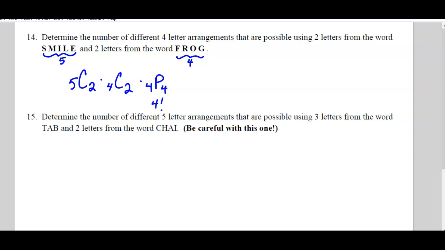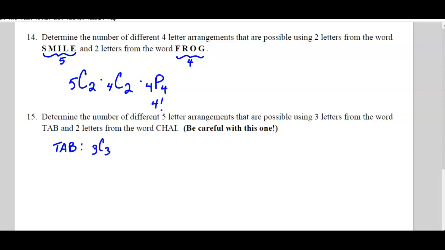So if I have 3 letters from the word tab, you're going to have all 3 letters there. If I choose 2 from here, I'm going to first choose 2 that aren't A. So then I don't have to worry about repeats. So that's just one way. So I'll do 3C3.